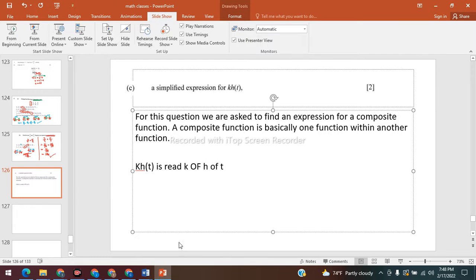That's how we read it. K of h of t. K of h of t can also be written as k open bracket, h of t.